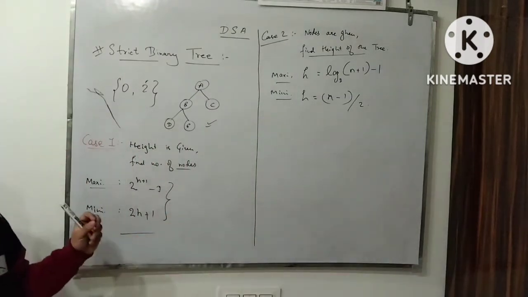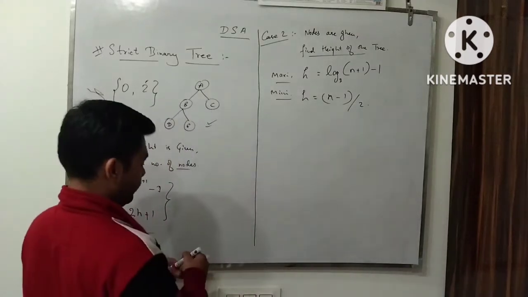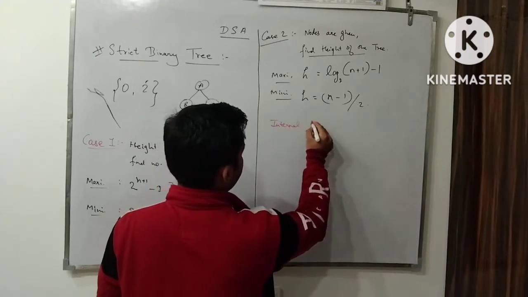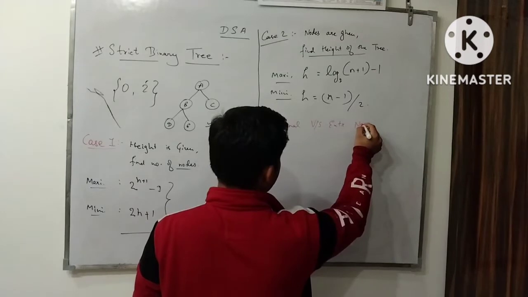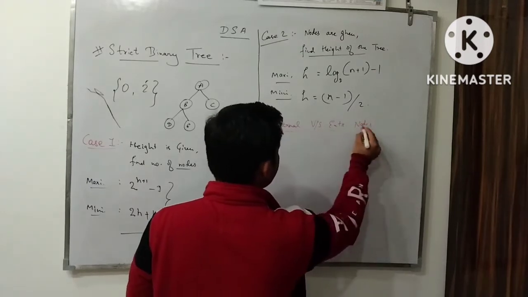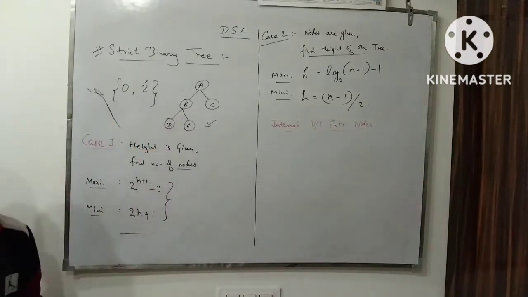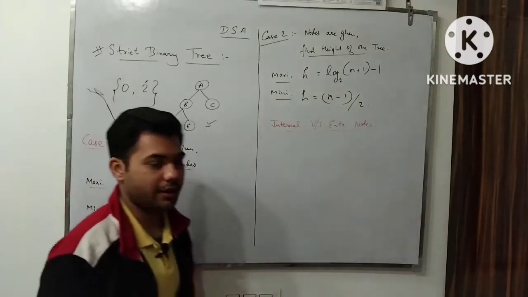Now it's time for internal versus external nodes. For strict binary trees, this concept is much easier compared to the binary tree.